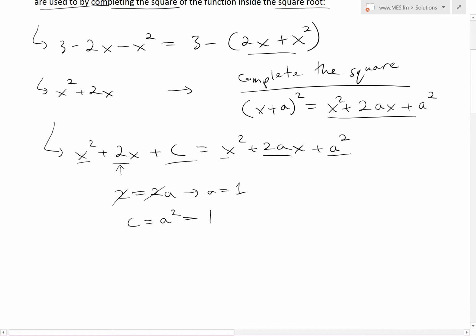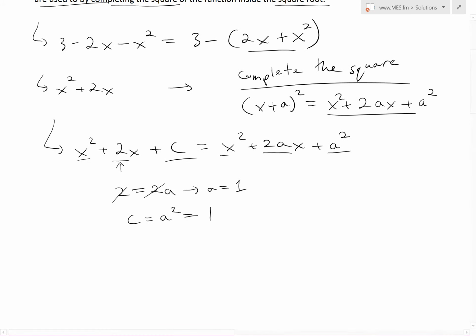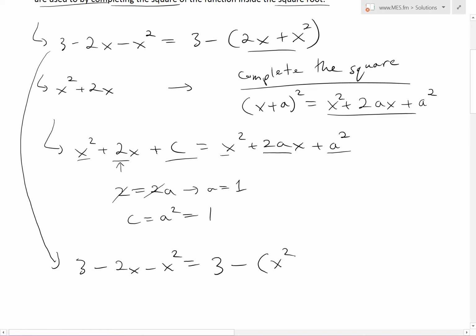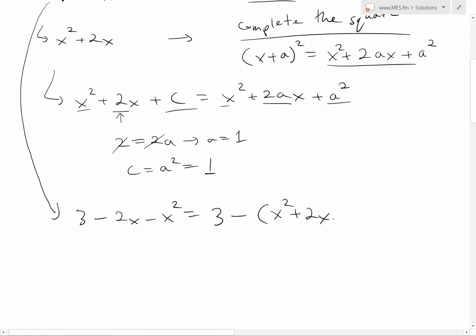So what this means is we could rewrite this whole thing. This would equal 3 minus, now we have x squared plus 2x, and now we add plus 1, and then we subtract 1 so that we don't change anything.